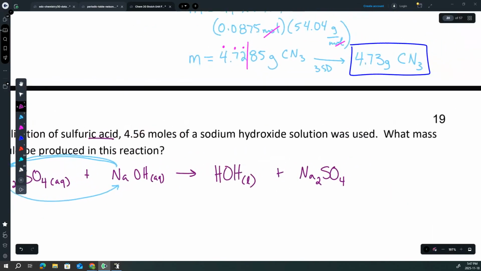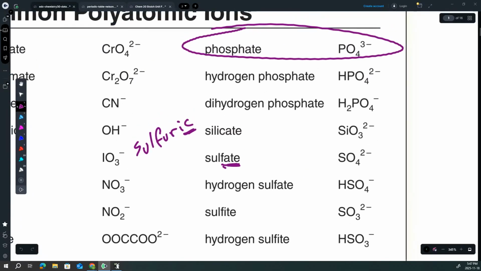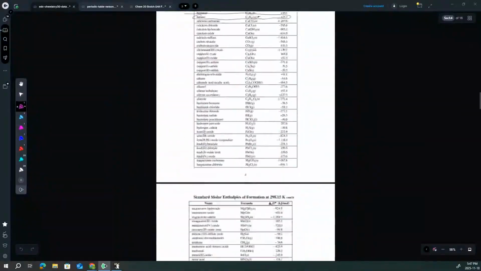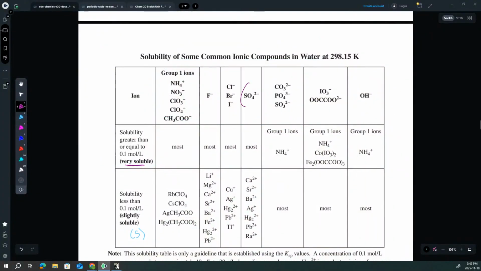All right, so we got to figure out what the state of sodium sulfate is, and we can do that by looking at our solubility table. So sulfate is right here. Don't get sulfate confused with sulfite. They look very similar, but they are 2 different things.